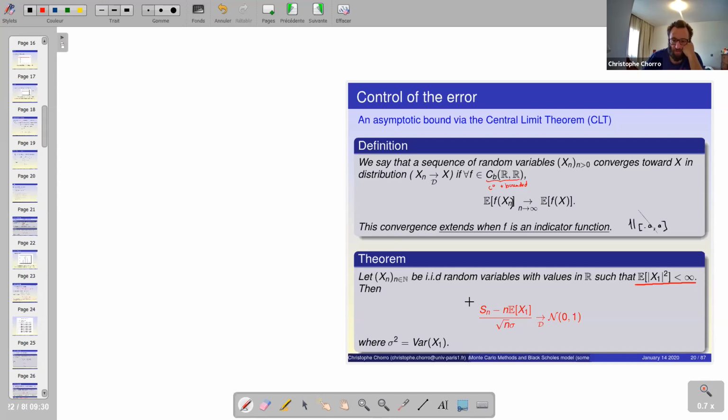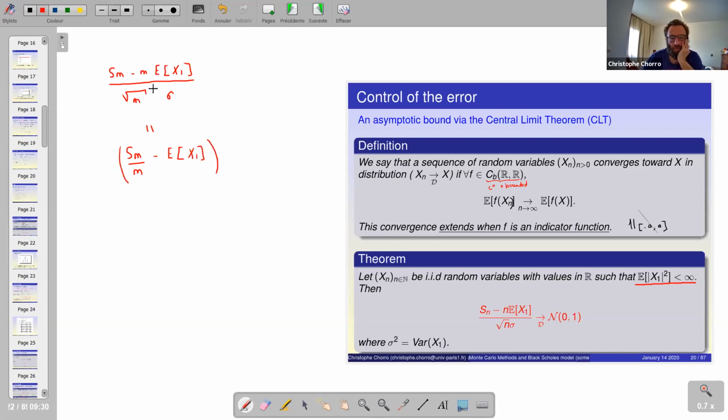So if I consider this quantity of interest here, what is it? It is Sn minus n times the expectation of X1 over the square root of n sigma. I can write this quantity as Sn over n minus the expectation of X1.